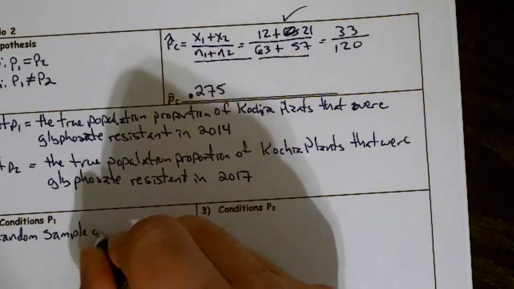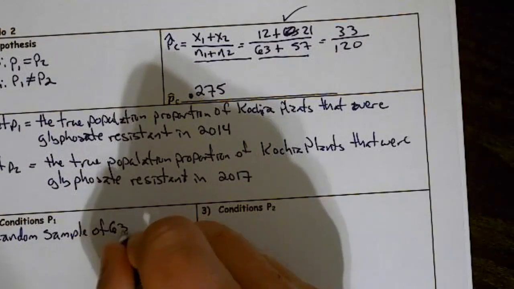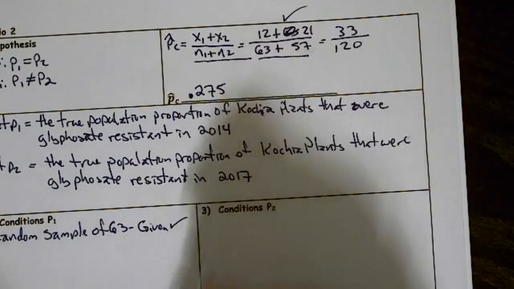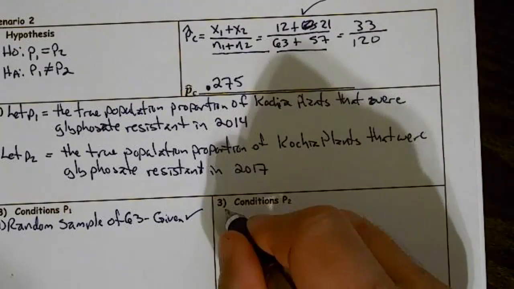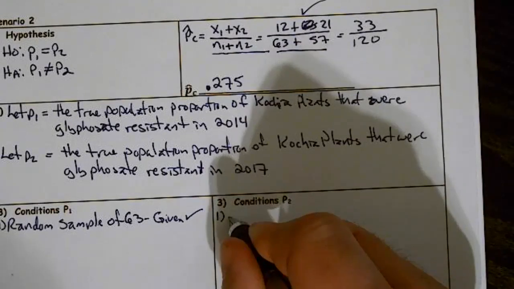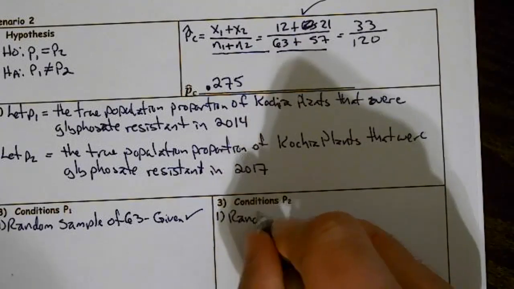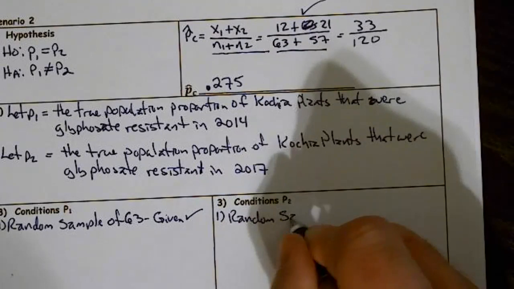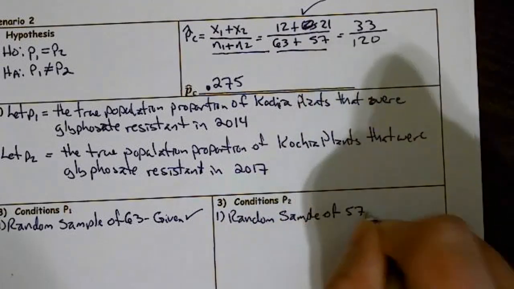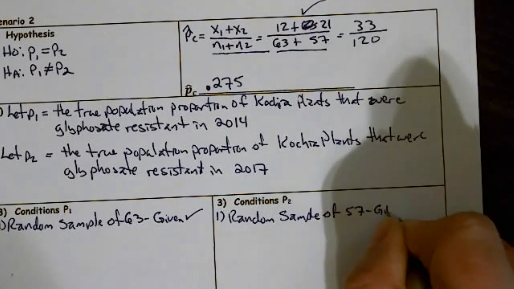You don't have to have the size, but the first one was 63. That was given. The next one was the 2017 one. Random sample of 57. That's given.